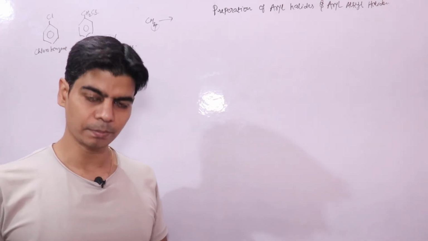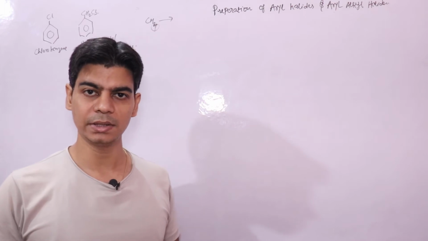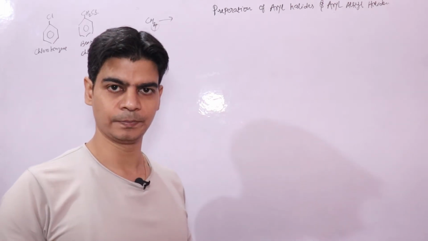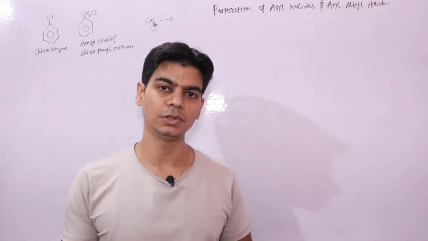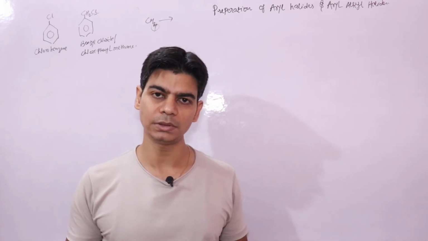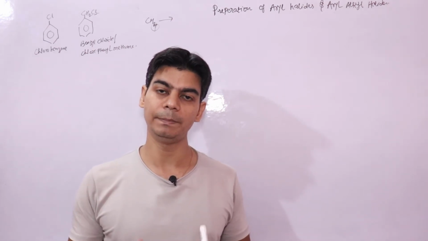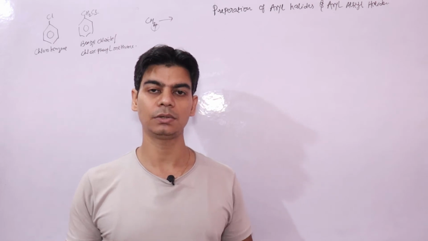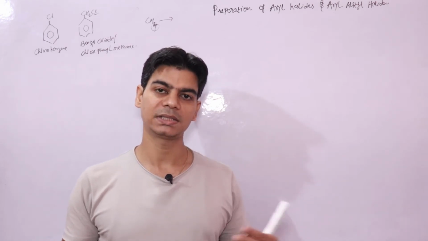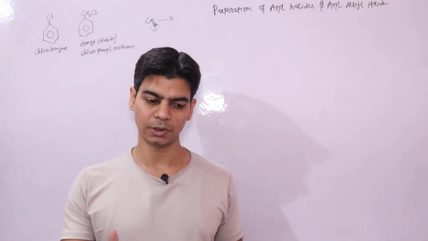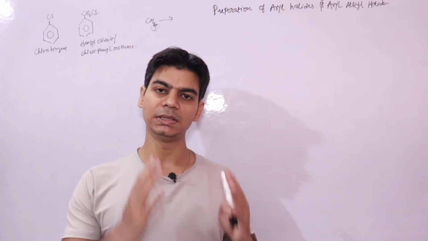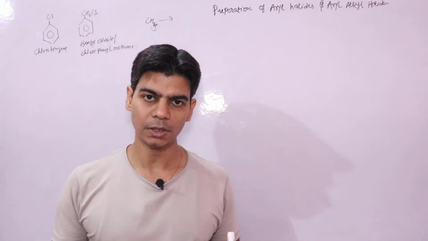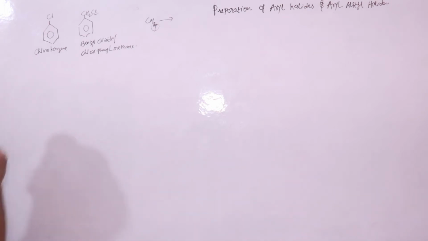The first type of compound, which is your chlorobenzene, is prepared majorly by two ways. First is by direct halogenation of hydrocarbons, and here the hydrocarbon would be benzene. So direct halogenation of benzene, right? And the second way is from benzene diazonium chloride. So two ways.